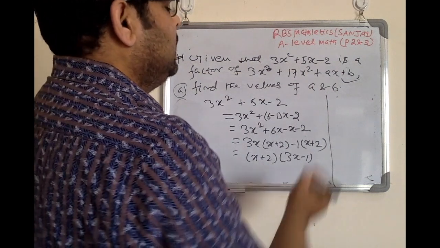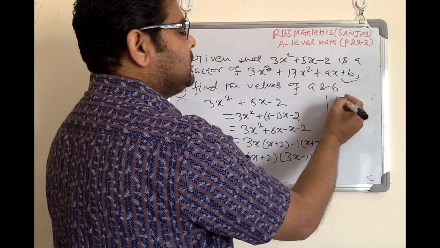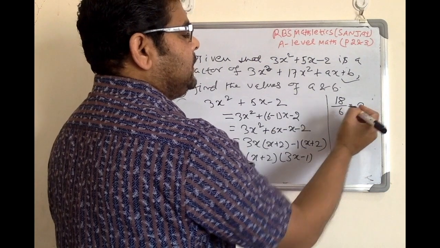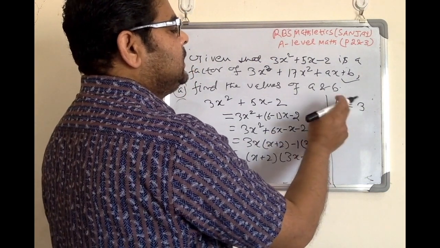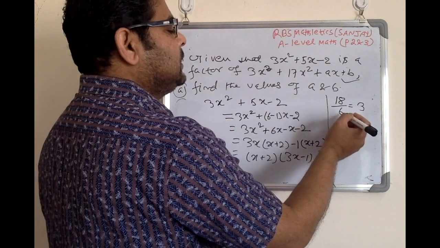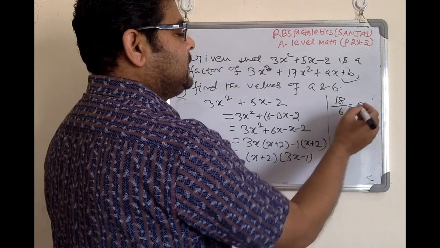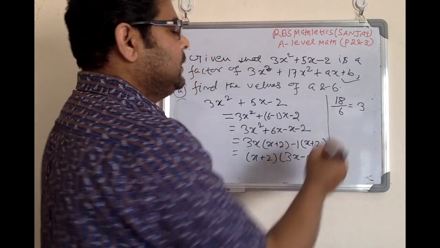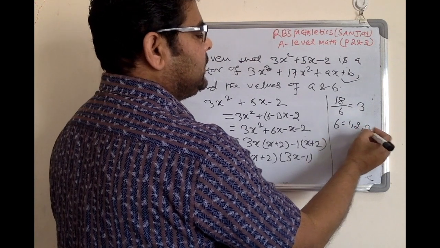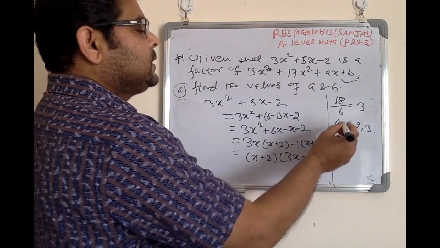For example, let's take the number 18, and this is 6. So 6 threes are 18. We can say that 3 is a factor of 18. Now let's factorize the number which divides 18 exactly, leaving no remainder. The factors of 6 are 1, 2 and 3. So 6 divides 18.